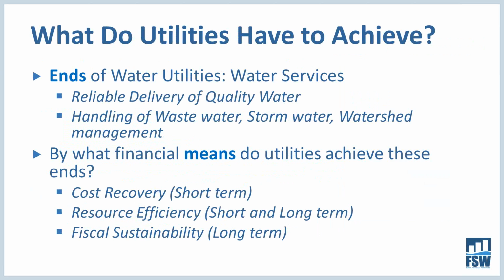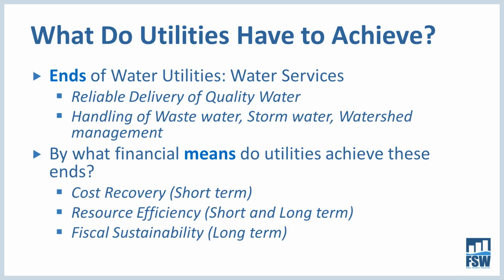So what do water utilities have to achieve? The handbook and the model try to be very clear about the difference between what you're attempting to accomplish and the means by which you can accomplish it. The ends of water utilities are water services, reliable delivery of quality water, and handling wastewater, stormwater, and watershed management are roles that different combinations of water entities are having to take care of now.